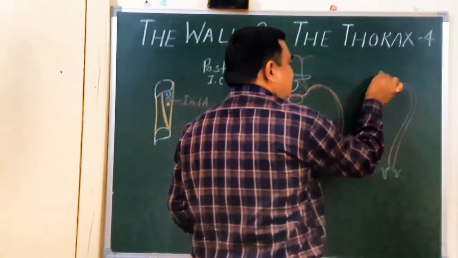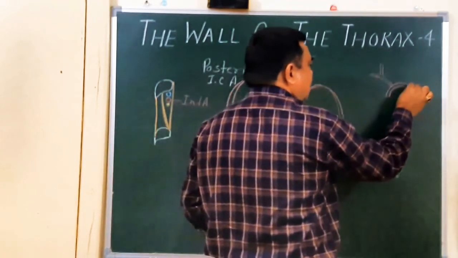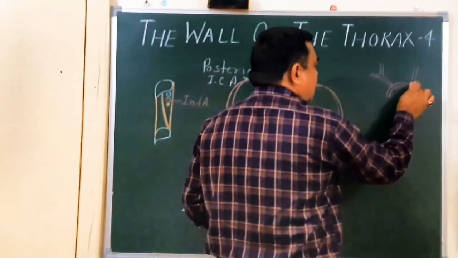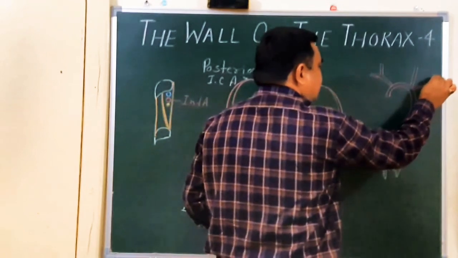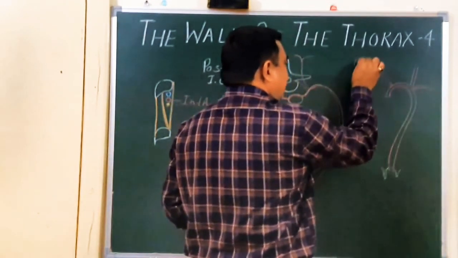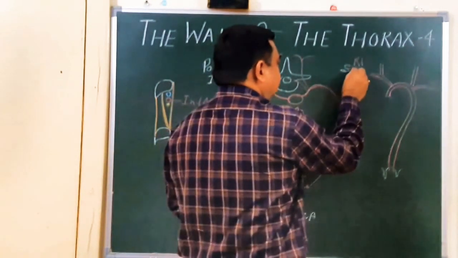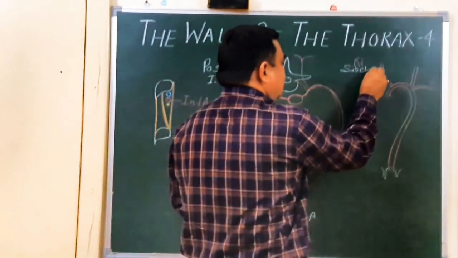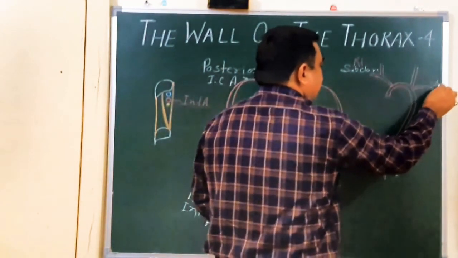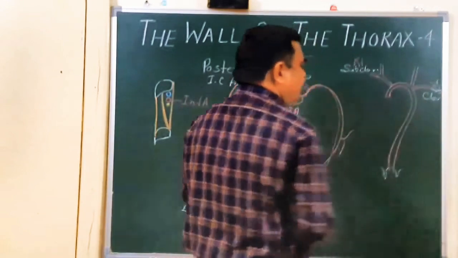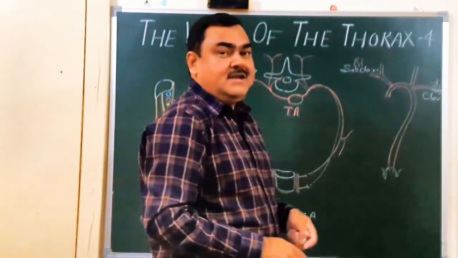Brachiocephalic, then the subclavian branch, here is the common carotid, and the left subclavian. This is the right subclavian. This is the left subclavian. This is the arch of the aorta. This is the descending thoracic aorta.